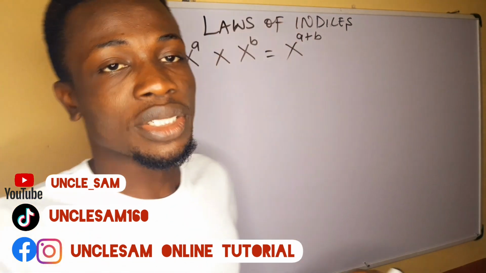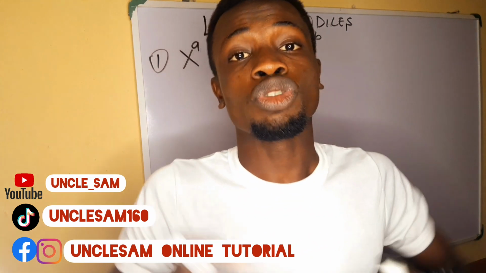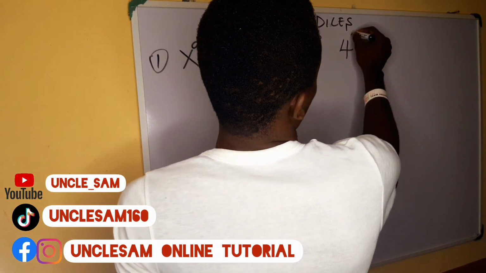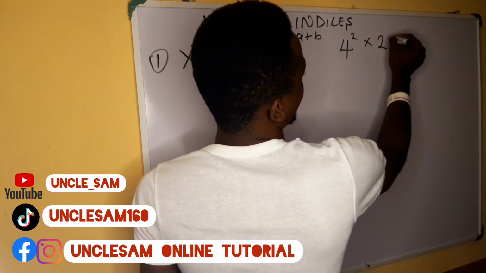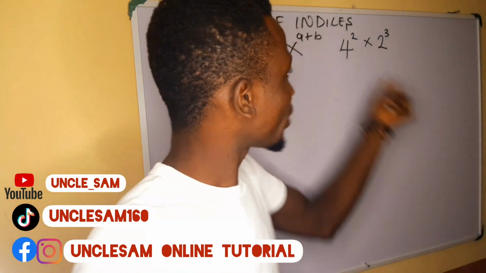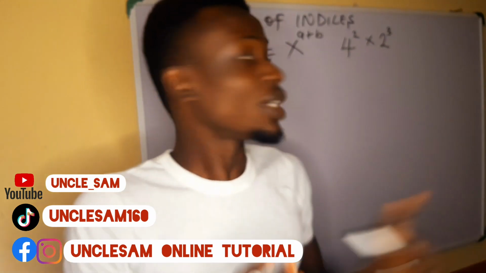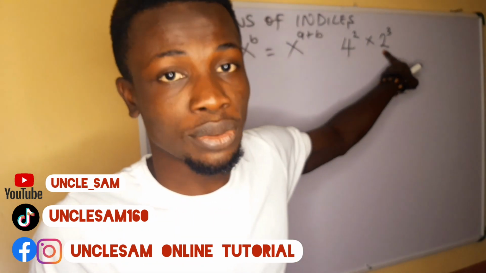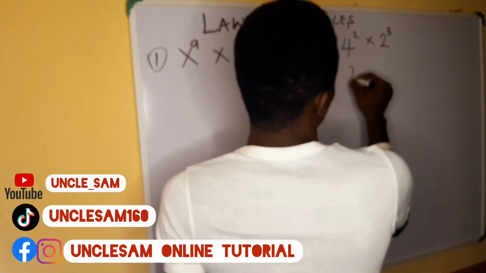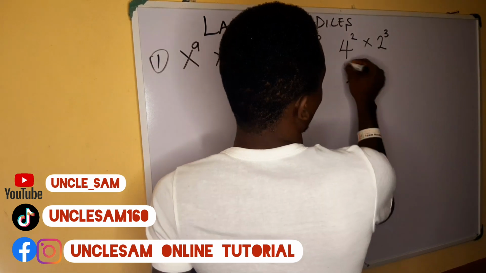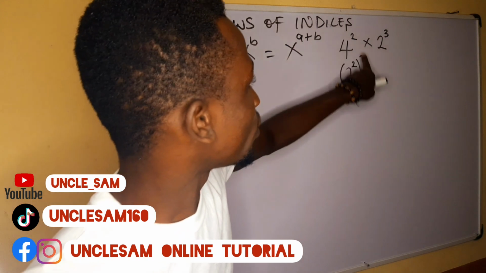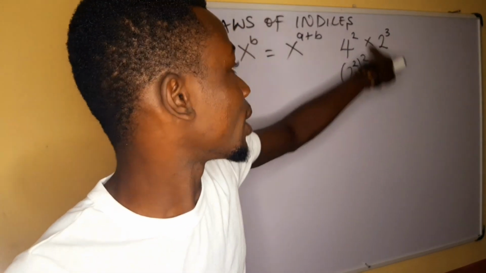So for example, what if you're not given the same base? If you're not given the same base, you try to make it the same base. For example, if you have 4 to the power of 2 times 2 to the power of 3, we see that 4 and 2 are not in the same base, but you can switch 4 to become 2 squared, because 2 squared is 4. So 4 to the power of 2 becomes 2 to the power of 2, all to the power of 2.